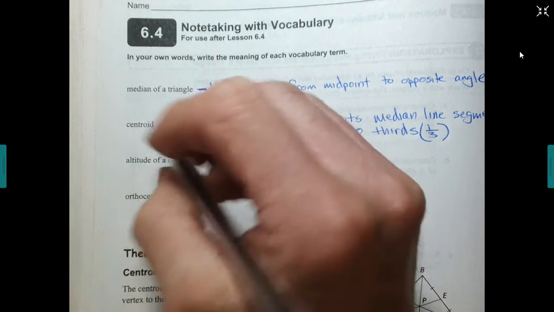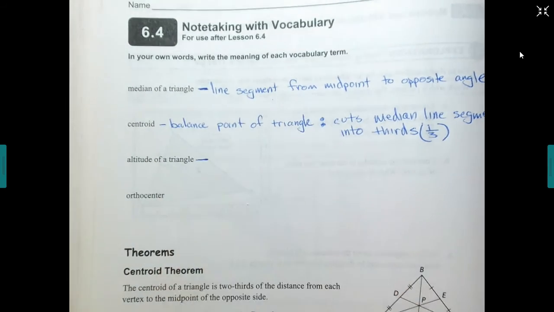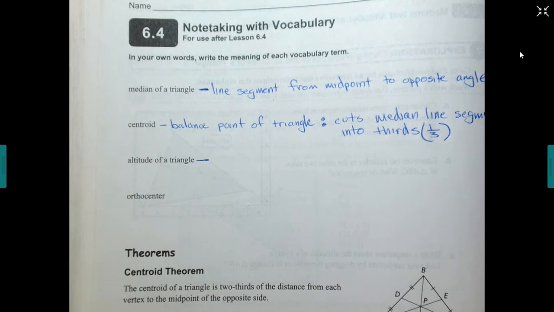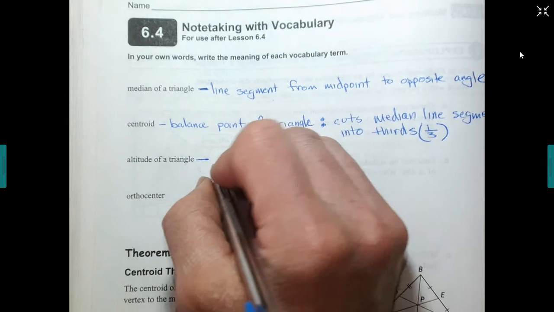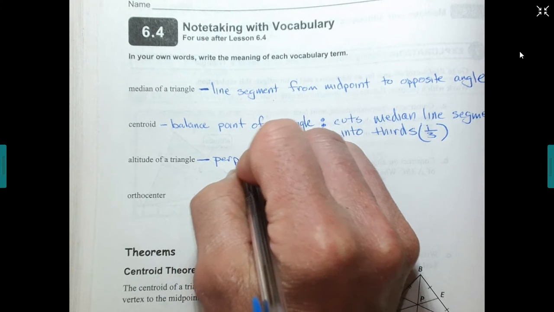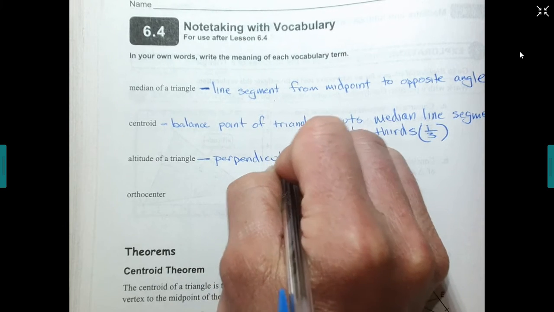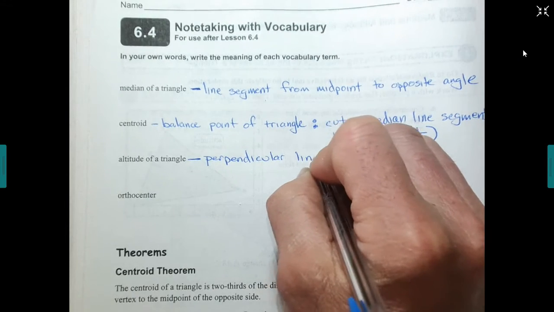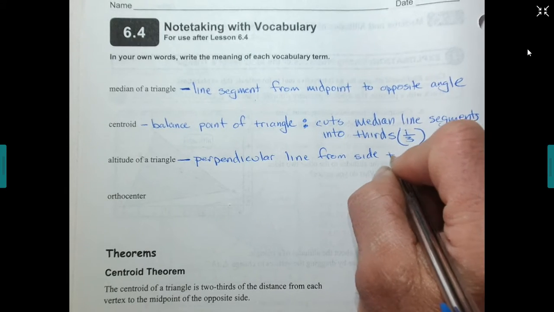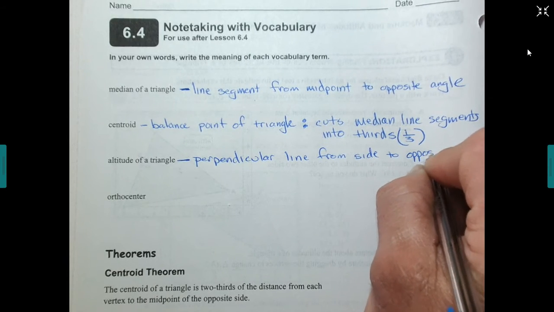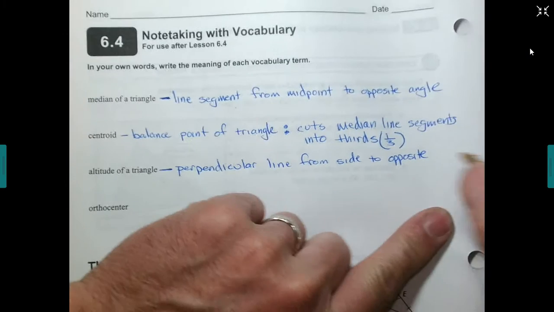All right. The altitude of a triangle is a perpendicular line from side to opposite angle.